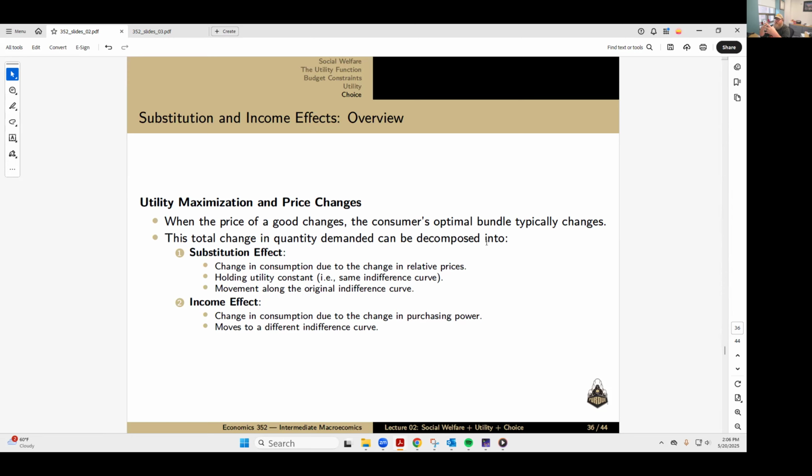And when prices change, this potentially causes consumers to, for example, let's say the price of a good rose, this may mean that the consumer has to pay higher prices and therefore they might consume less of other goods. Or it certainly could also be the case that if the price of a particular good rose, I might substitute away from it.